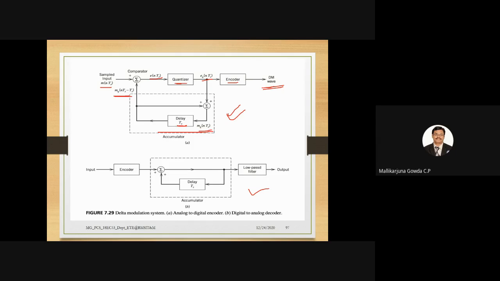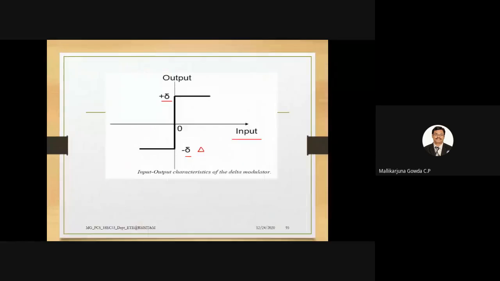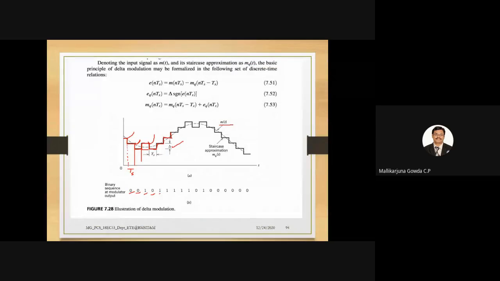Okay, to understand with equations, please note here that E of NTS is the output of the comparator. I will go back to the equations and explain what is written here. E of NTS, the output of the comparator, will be equal to M of NTS, which is one input to the comparator, the sampled version of the analog message signal, minus MQ of NTS minus TS, which is the delayed version of the quantized version of the message signal.